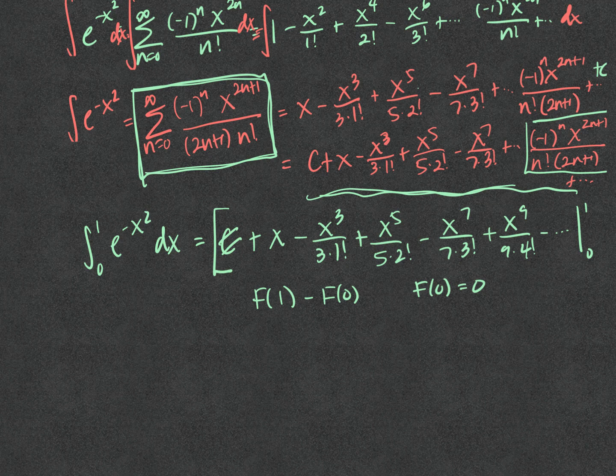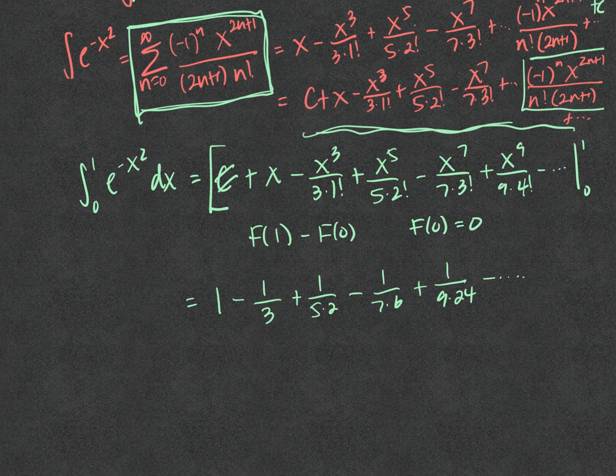So when we plug that in, the integral equals 1 minus, x is 1, so we're going to say 1 to the third, which is 1 over 3, plus 1 to the fifth is 1 over 5 times 2, minus 1 to the seventh is 1 over 7 times 6, 3 factorial is 6, plus 1 to the ninth is 1 over 9 times 4 factorial is 24, minus dot dot dot.